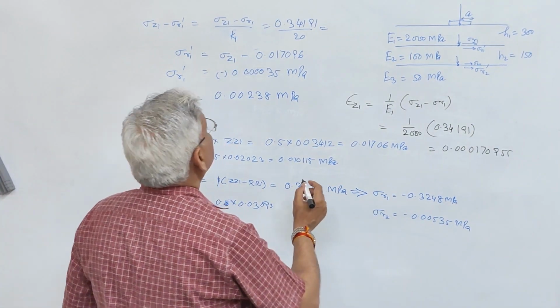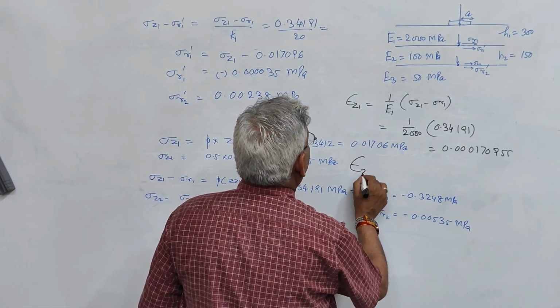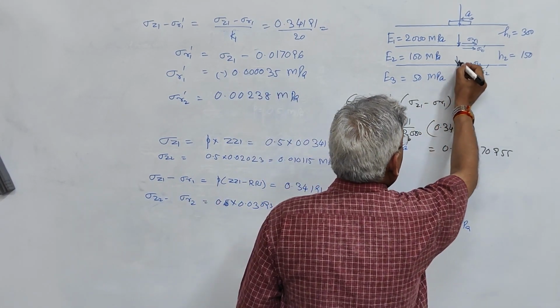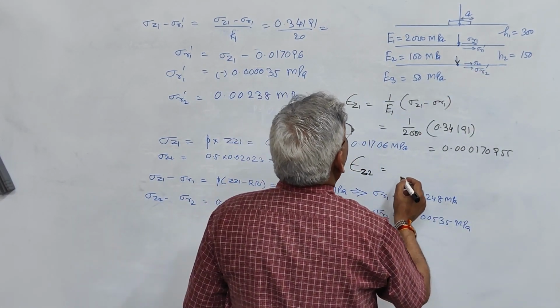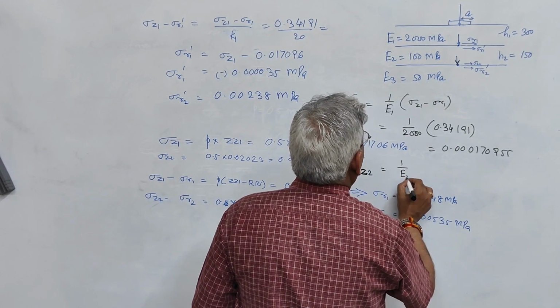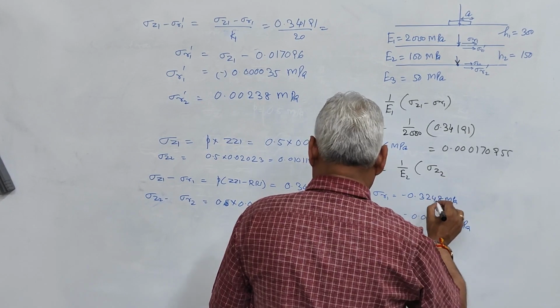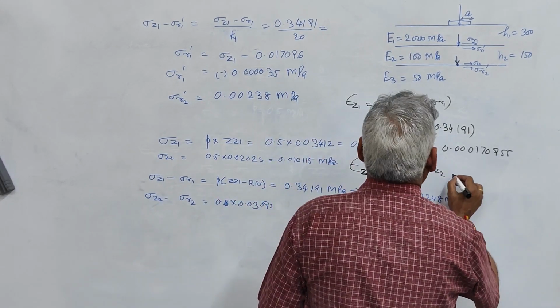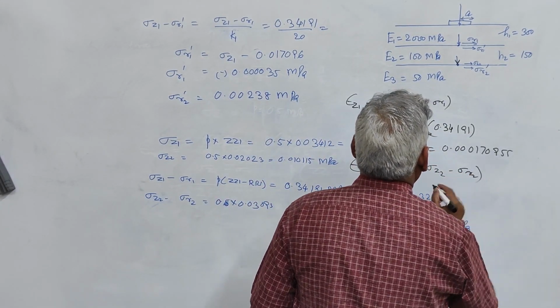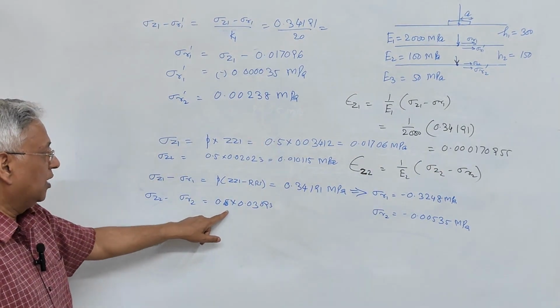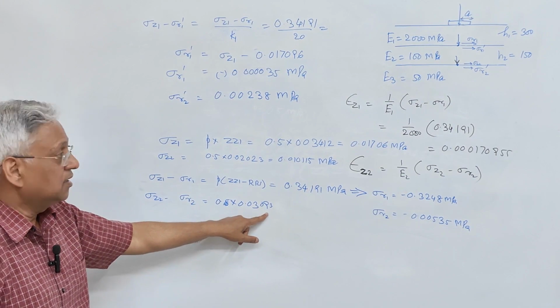Similarly, epsilon Z2 at this interface will be equal to 1 upon E2 into sigma Z2 minus sigma R2. Now here also you know sigma Z2 minus sigma R2, this value 0.5 into 0.03093.